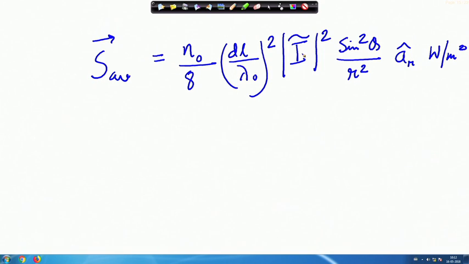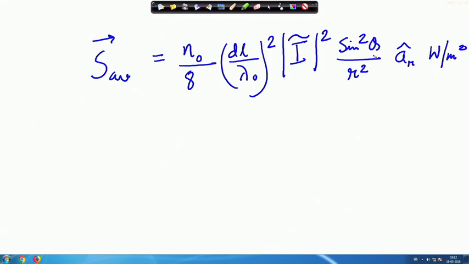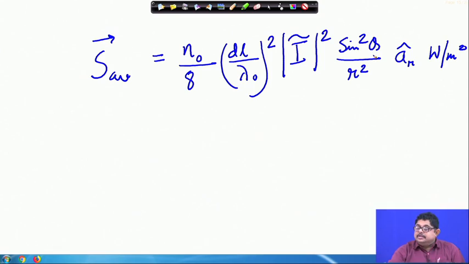Then it depends obviously on the source strength, how much current I am giving. Then it has a power distribution that varies as sin square theta, that we will see, and it is also inversely proportional to R square, because S average is nothing but E cross H. E in the far field depends on 1 by R, H also in the far field depends on 1 by R. So, their product is naturally dependent on 1 by R square.